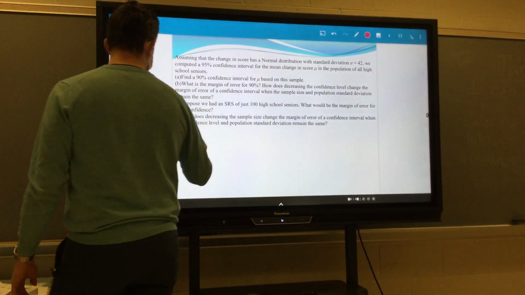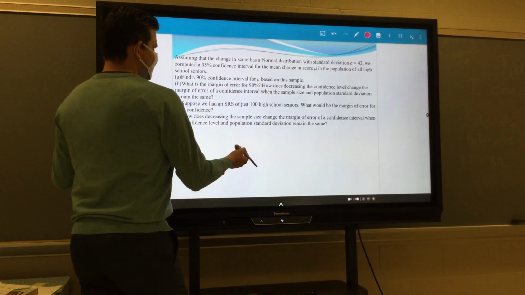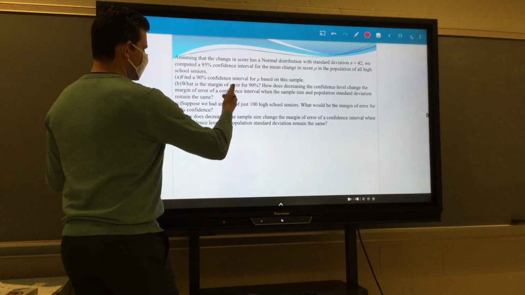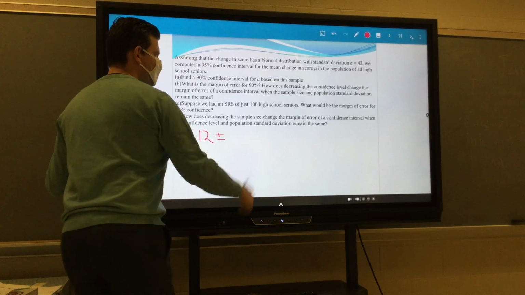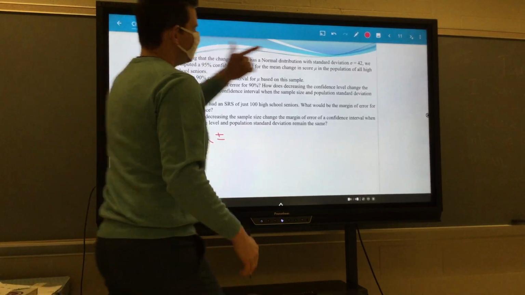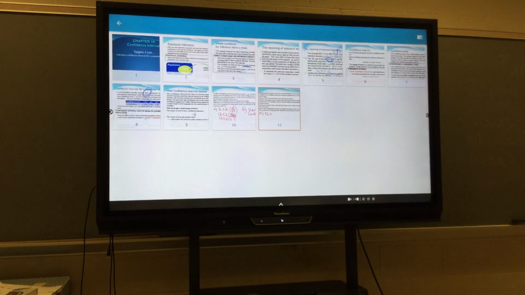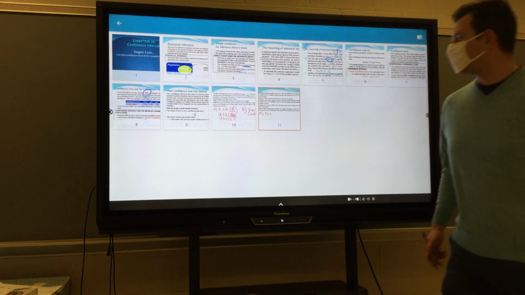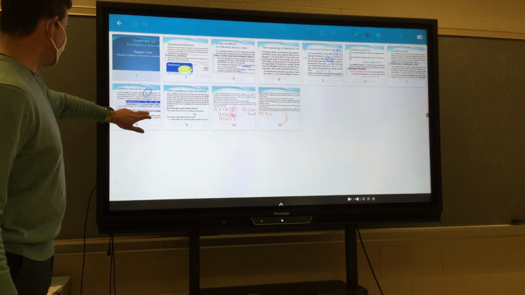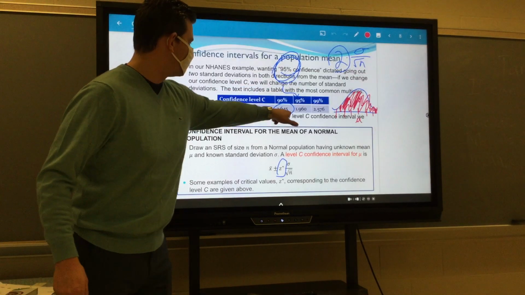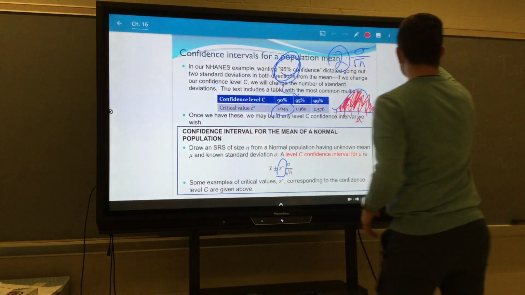90% confidence interval. We have our sample mean, which we said was 12, plus or minus. Now, as I said, we are typically doing 95, so I don't even remember off the top of my head what the 90% Z star is. Okay, I see it right here. It was 1.645.